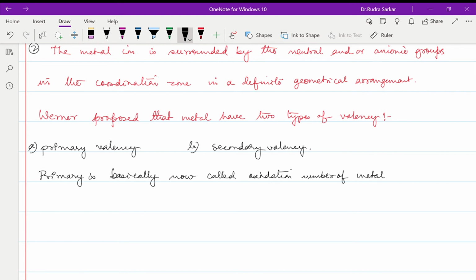And secondary valency is called the coordination number.